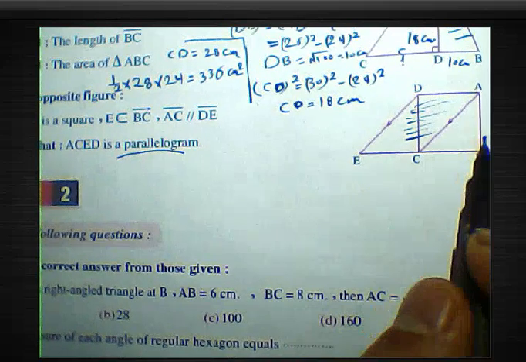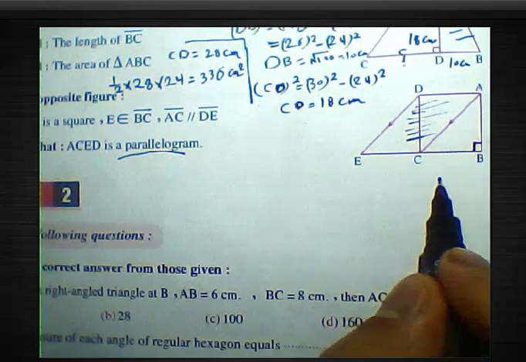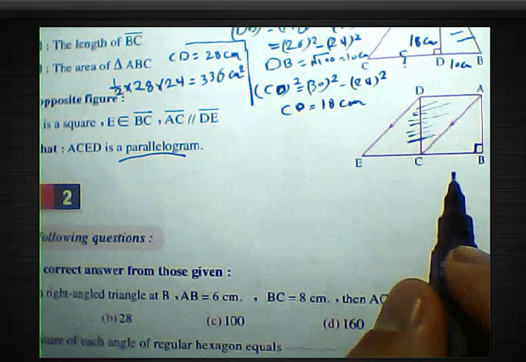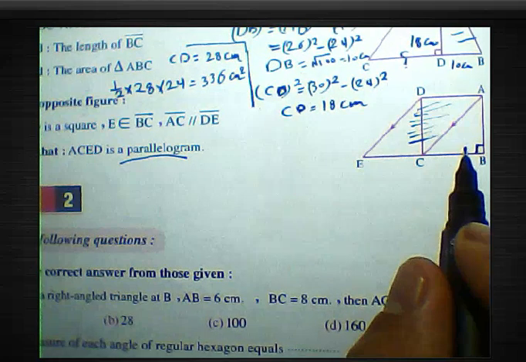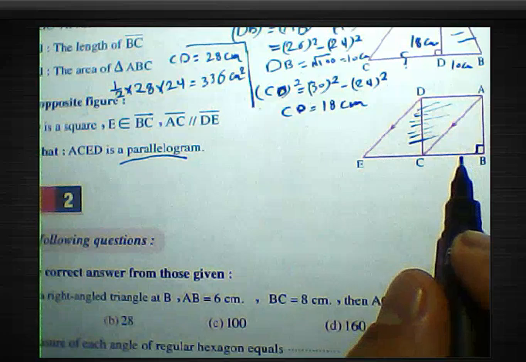We know ABCD is a square, and by the properties of a square, opposite angles are equal in measure, and all sides are equal in length.